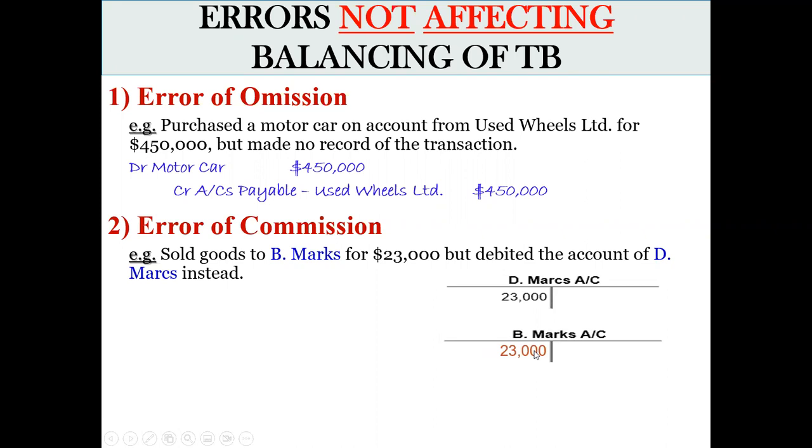So I would debit B Marks and I would credit D Marks. So having done that, D Marks is zero out. Is B Marks. We're going to call B Marks.